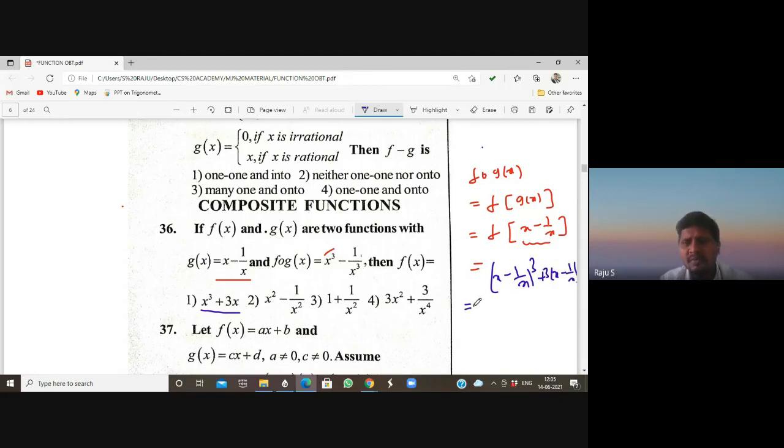All of you simplify this. a minus b whole cube is a cube minus 3a square b plus 3ab square minus b cube, or otherwise a minus b whole cube can be written as a cube minus b cube minus 3ab into a minus b. You can write it any one of the ways. Just check it.